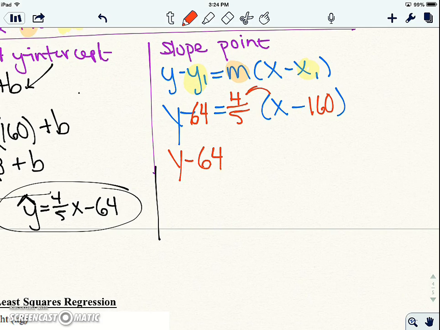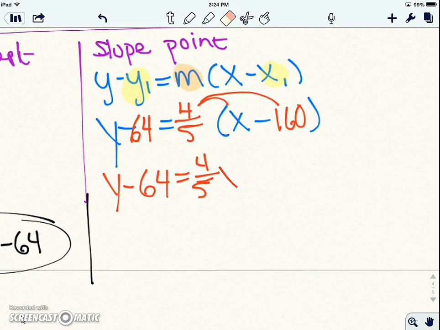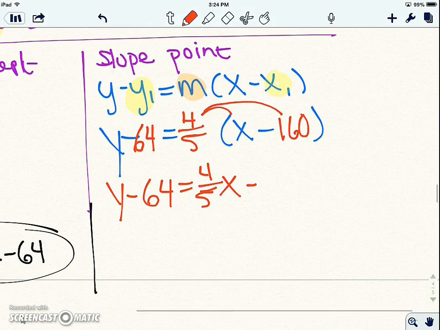Now we're going to distribute. This equals 4/5 x plus 1/4 times negative 160, which is going to be negative 128.